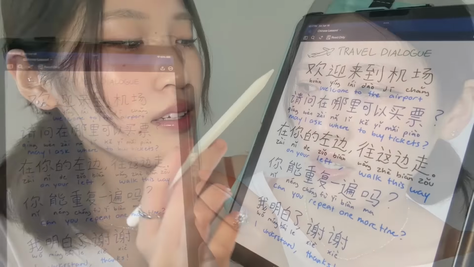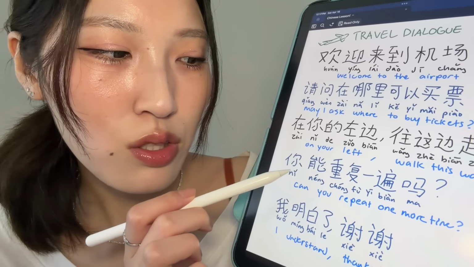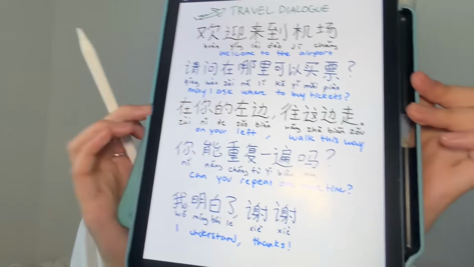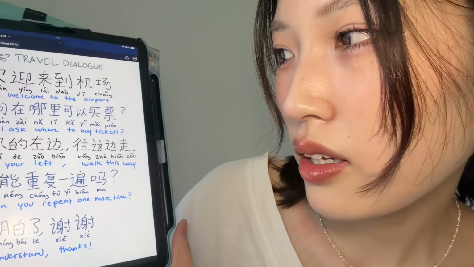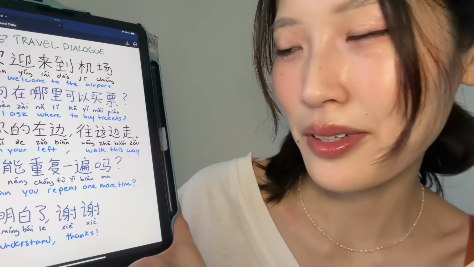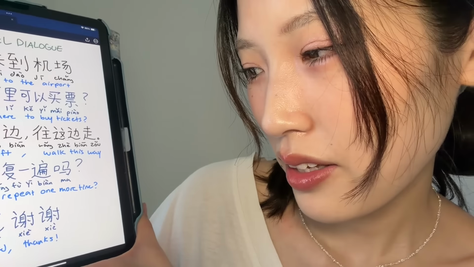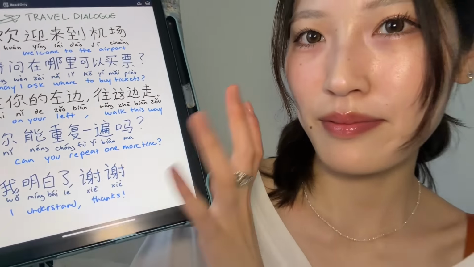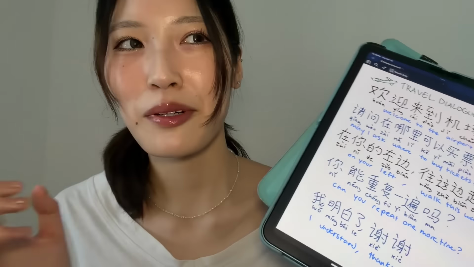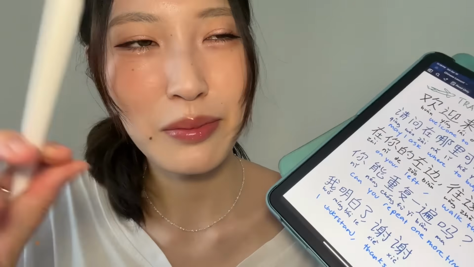请问在哪里可以买票？在你的左边，往这边走。你能重复一遍吗？在你的左边，往这边走。我明白了，谢谢。Okay, I feel like it's pretty straightforward.